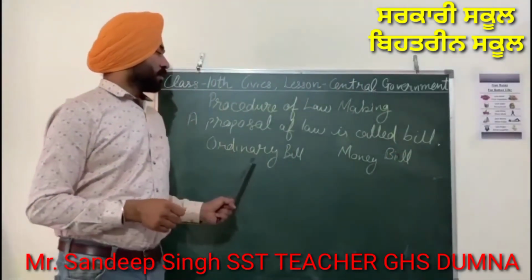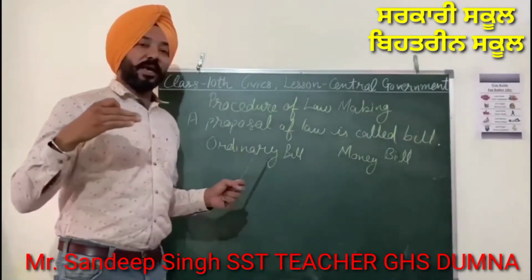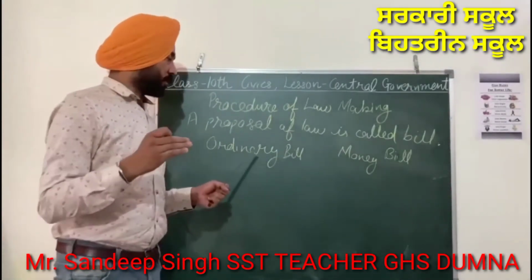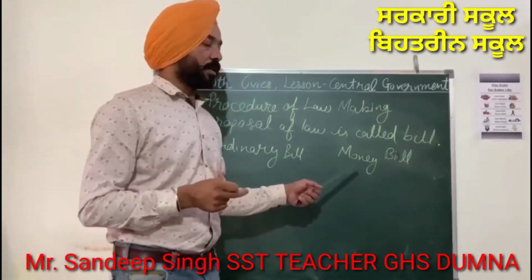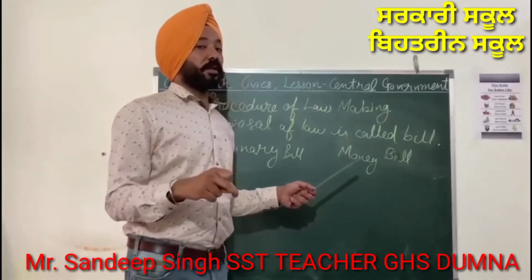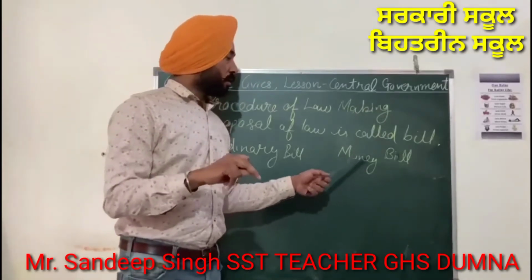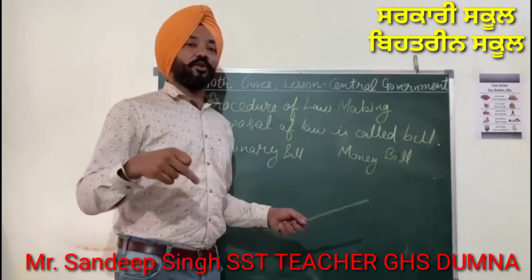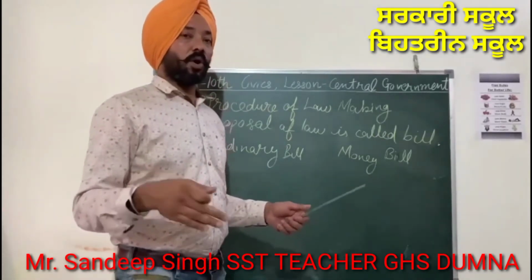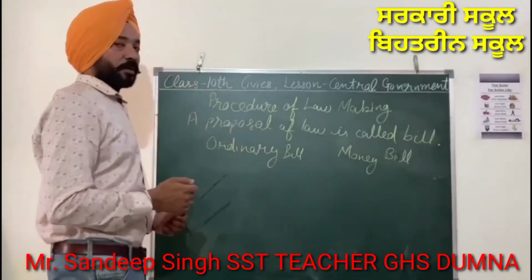An ordinary bill can be introduced in any house, in Lok Sabha or in Rajya Sabha. But a money bill can only be introduced in Lok Sabha. Money bill is any bill which is related to our financial matters. All other bills are called ordinary bills.